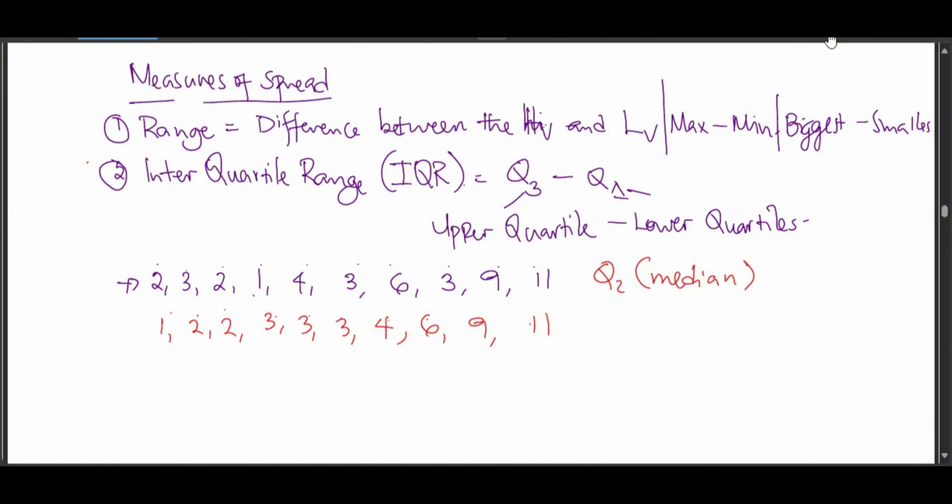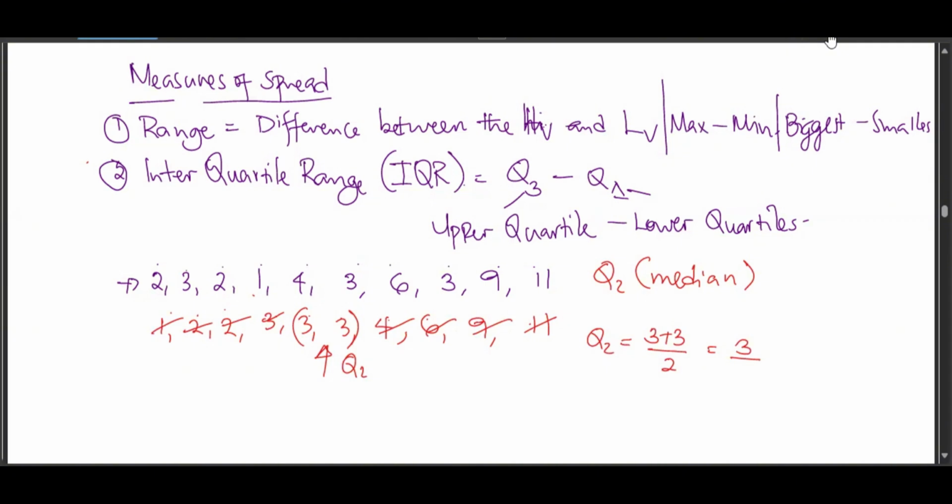I need to have 4 numbers on each side. So these are my middle numbers, which is Q2. Take note, Q2 is the median. With 2 values, add them up and divide by 2. So our Q2 is 3.